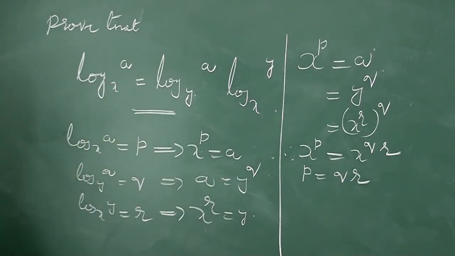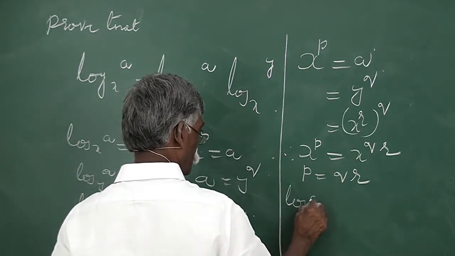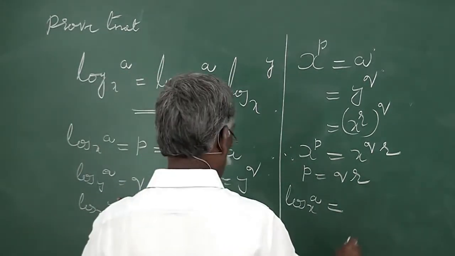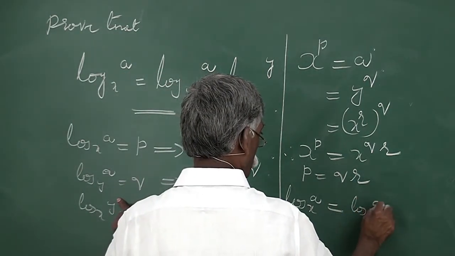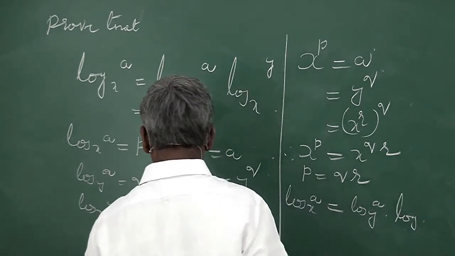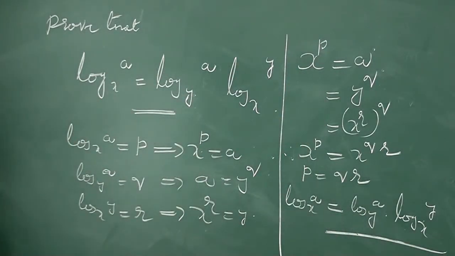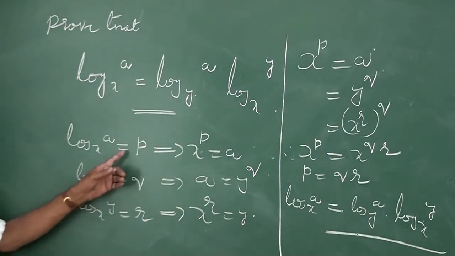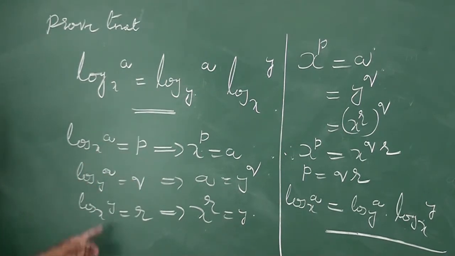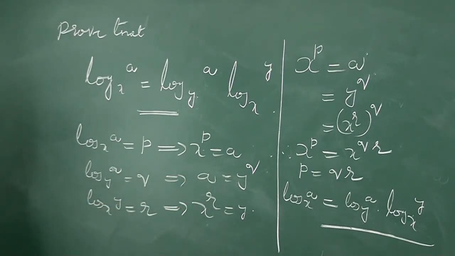But the value of p is log a base x, and q is log a base y, and r is log y base x. So log a base x equal to p, that means x power p equal to a. Log a base y equal to q, that is a equal to y power q.